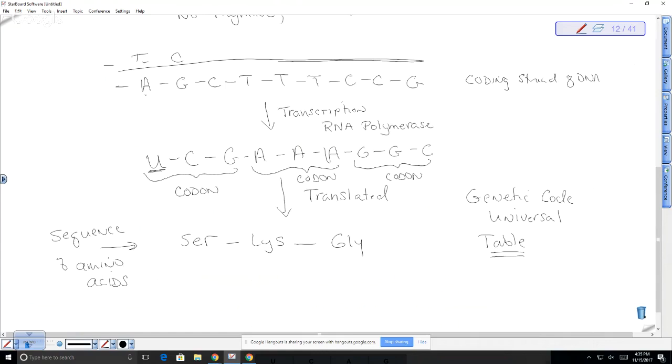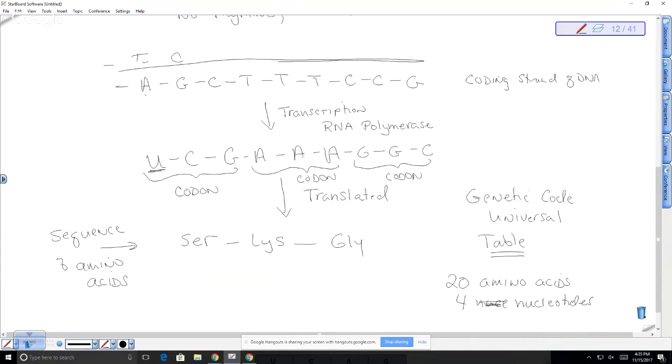So the genetic code is a triplet code. And the reason why it has to be triplet is because we have about 20 amino acids, and we have 4 nucleotides. So think about it.